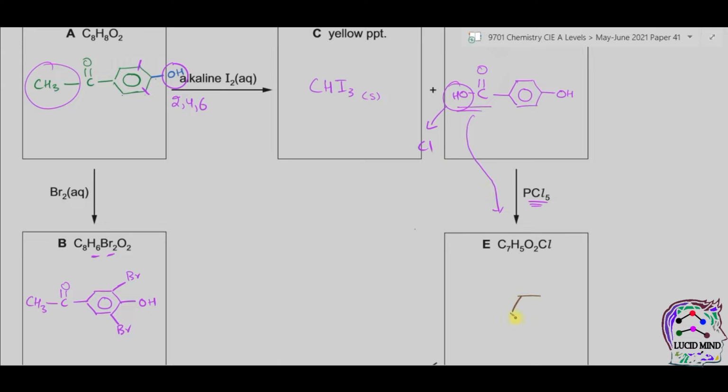We have benzene, OH, C double bond O, Cl. Let's count the number of carbon atoms. 6 in the ring and this one is 7. Then we have 5 hydrogens, 4 in the ring, 1 on OH, 2 oxygens and 1 chlorine.